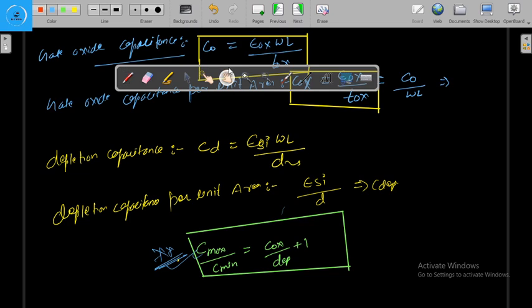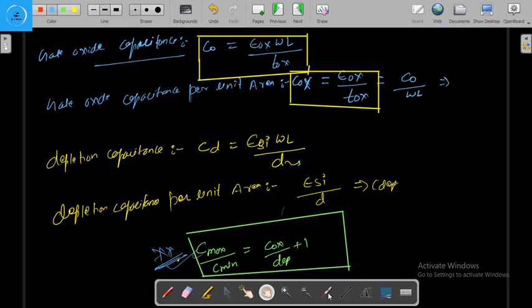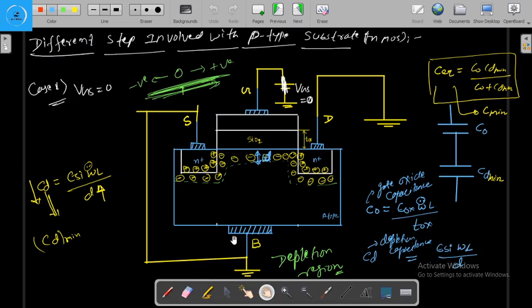In this video we have seen a little bit about channel length modulation, and we have also seen the resistance in the linear region and the saturation region, and the different steps for the p-type MOSFET.